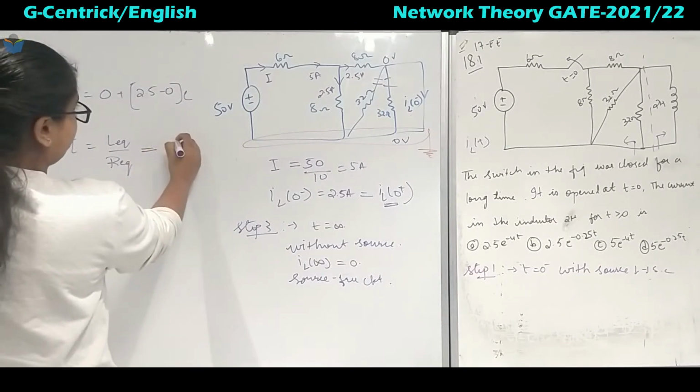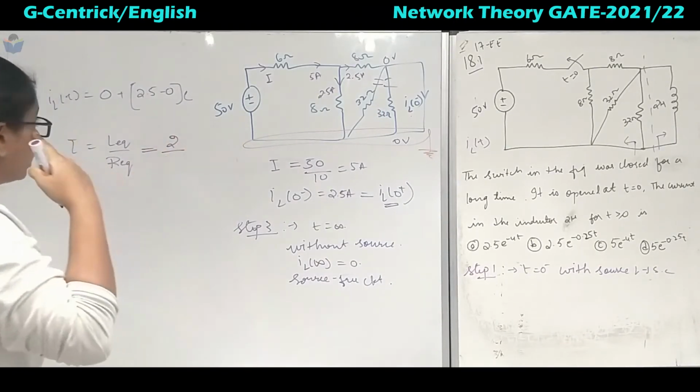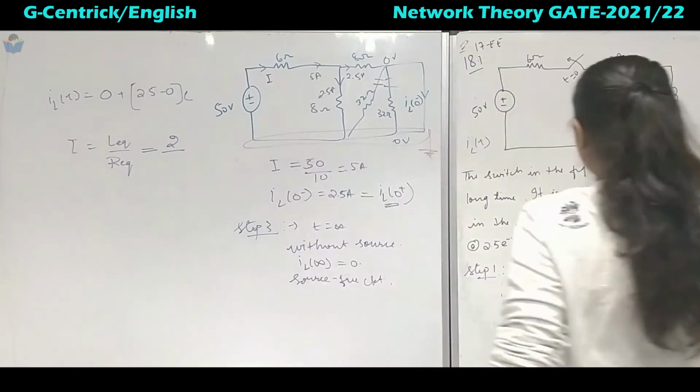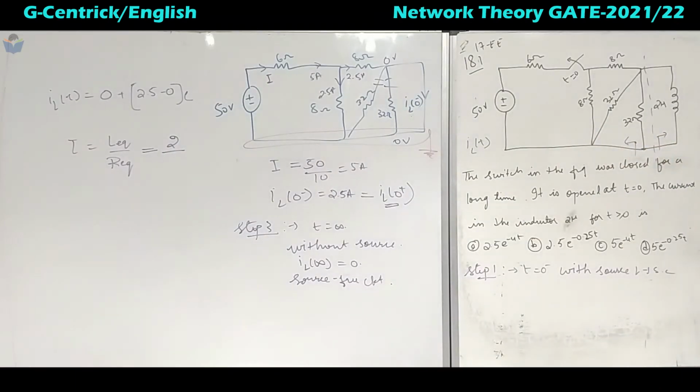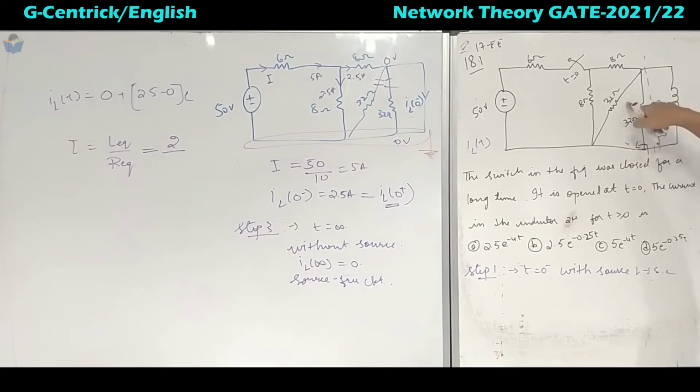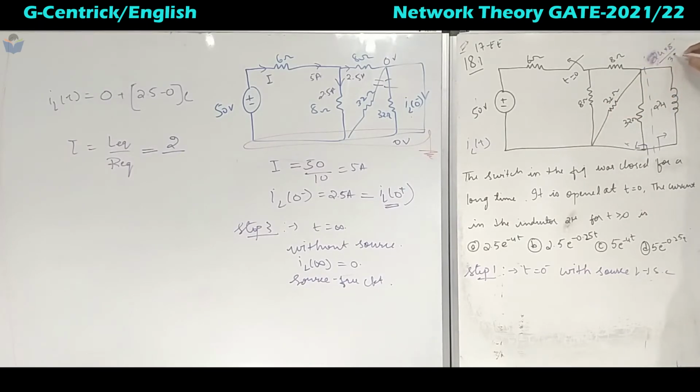So this L equivalent is 2 Henry divided by R equivalent. So we have to see it from here, 32, 32 parallel, so you will get 16. 16 plus 8 is 24, 24 and 8 are in parallel again, so 24, 32, 4, then 6 ohms.